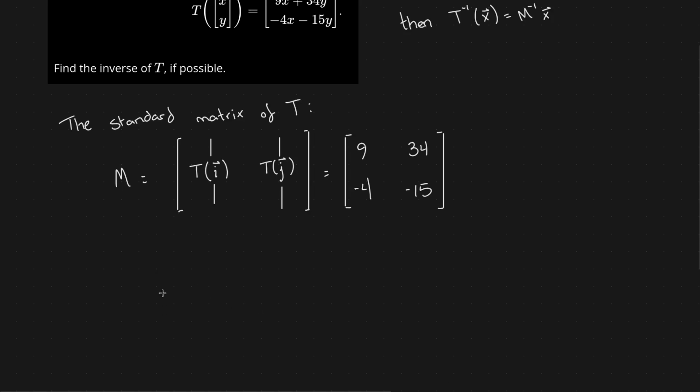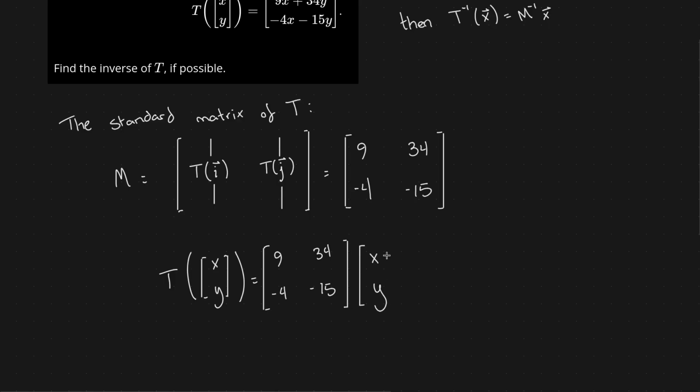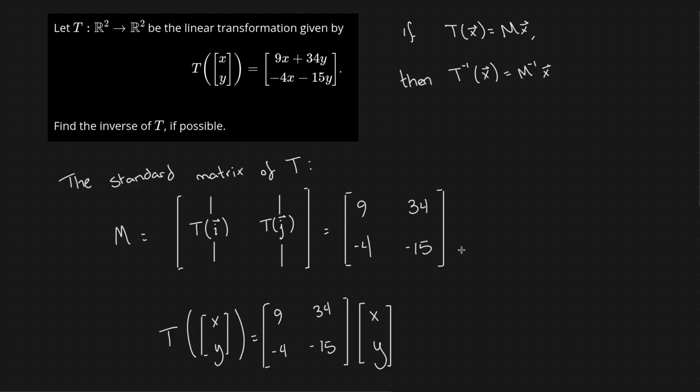So that means that the transformation T on a vector, let's be a little more specific here, on a vector x, y is equal to our standard matrix, 9, 34, negative 4, negative 15, times x, y. And actually, if you look at it, that should be pretty obvious once you see it, right?